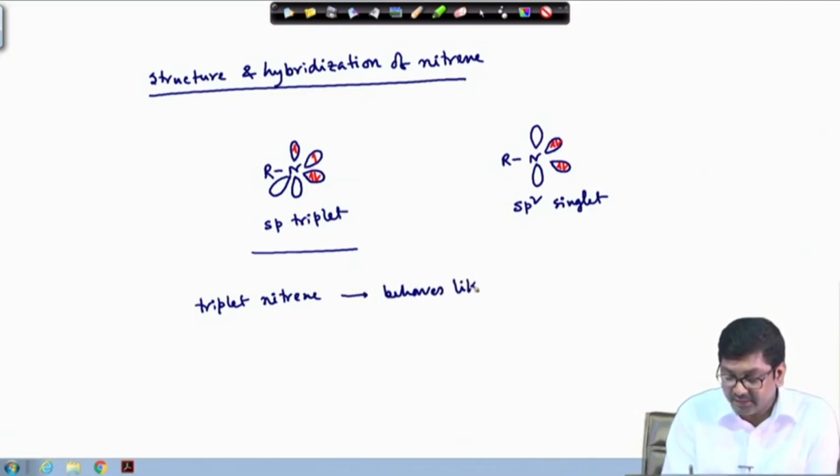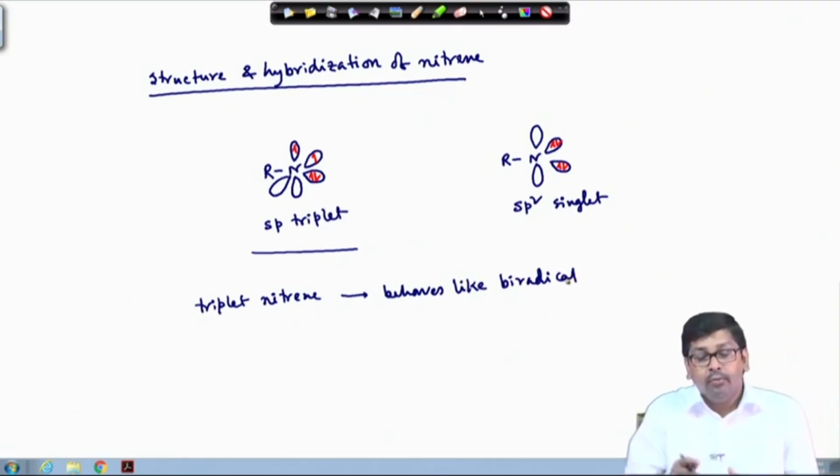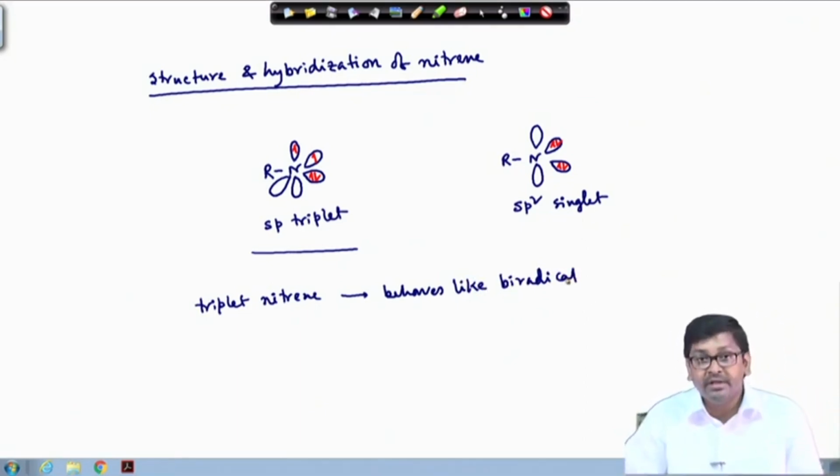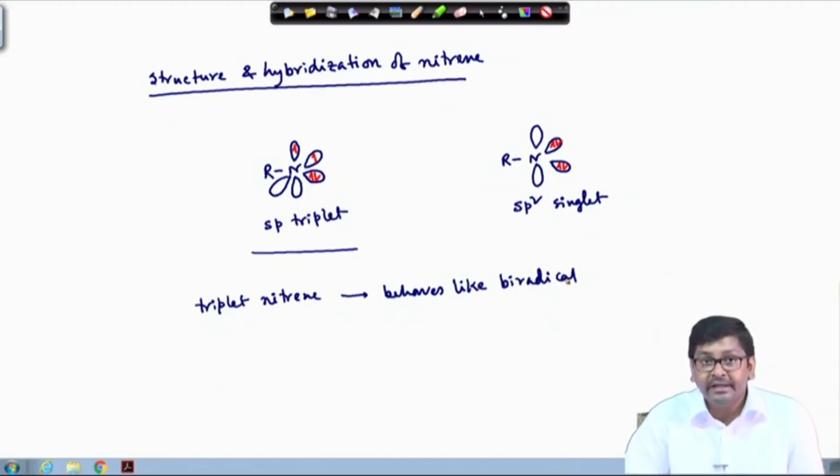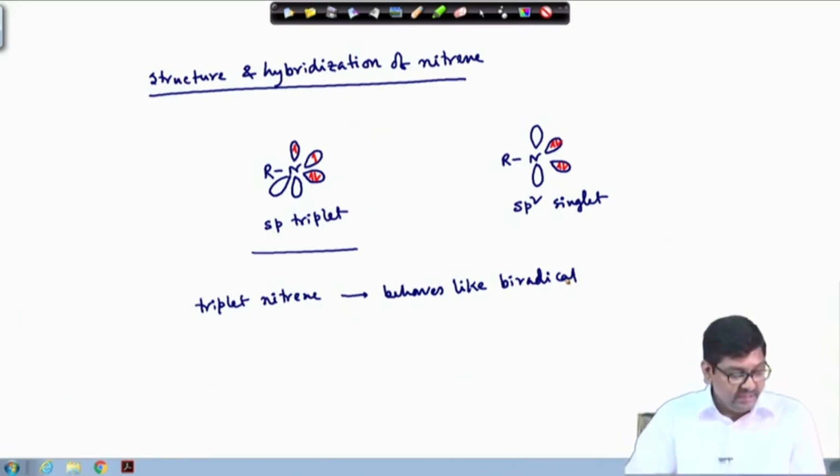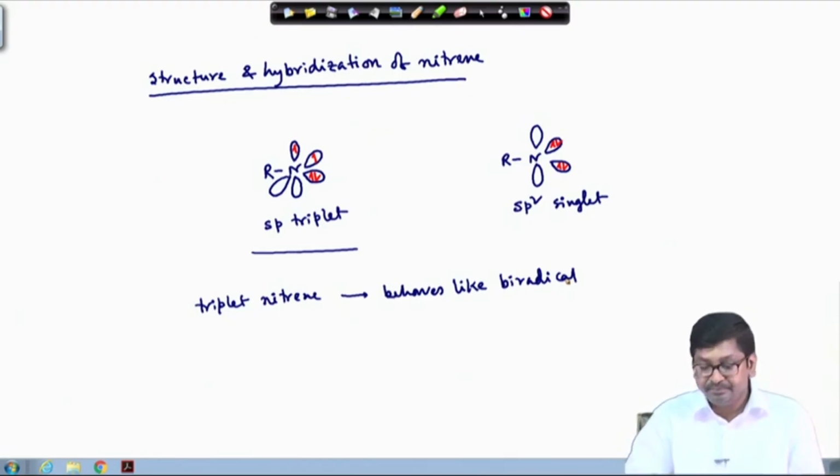We have seen in case of carbene also, where it is triplet carbene, that we mentioned that triplet carbene also acts like a biradical. Here also this triplet nitrene can behave like a biradical, as unpaired electrons are there.